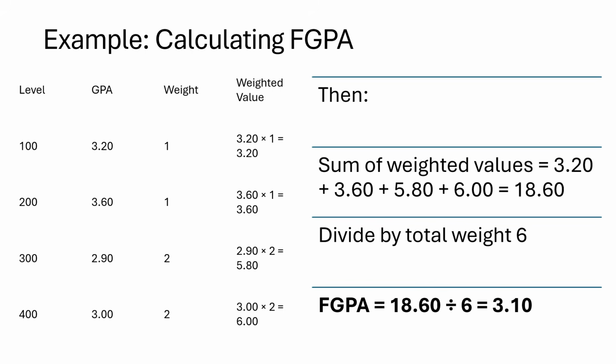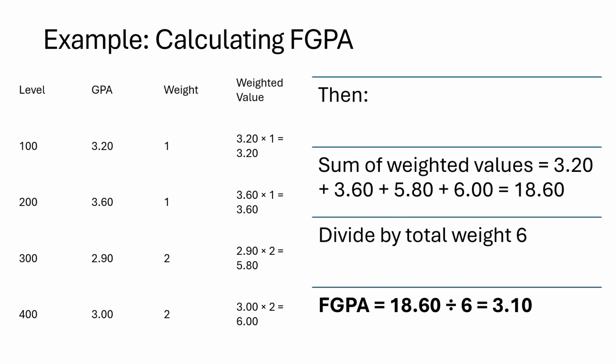So what's going to happen here is that we multiply 3.20 times 1, which gives us 3.20. So those in level 400, when you go to your tentative progress report, you're going to see that your level 100 GPA is there, your level 200 GPA, your level 300 GPA, and your level 400 GPA are there.